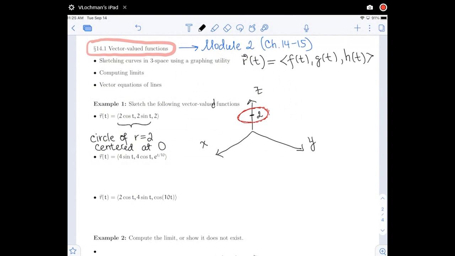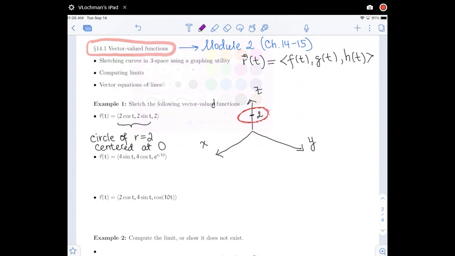Now you can use GeoGebra to plug in values for your functions, and I give you an example. So how would I put this into GeoGebra? Let me give you the syntax.